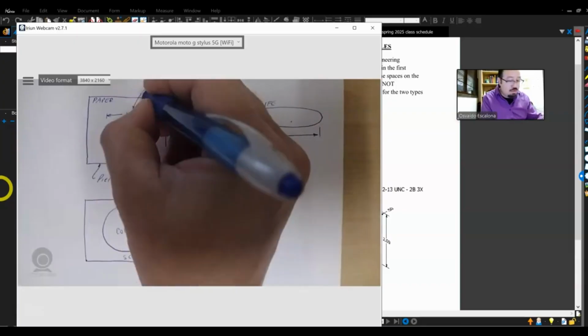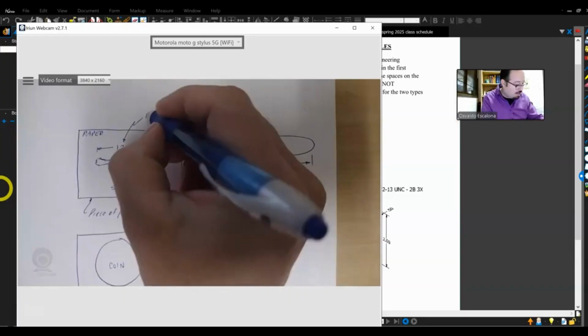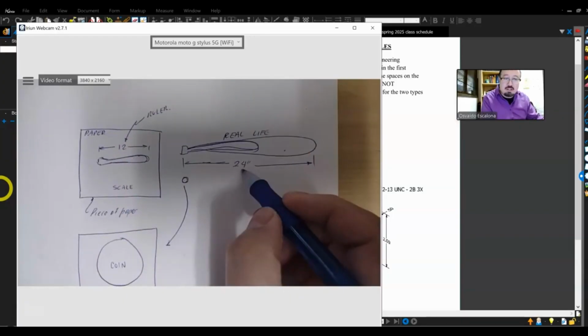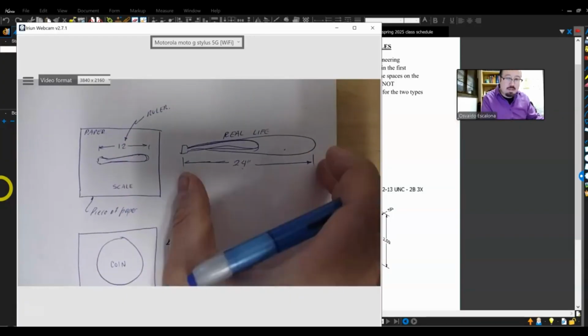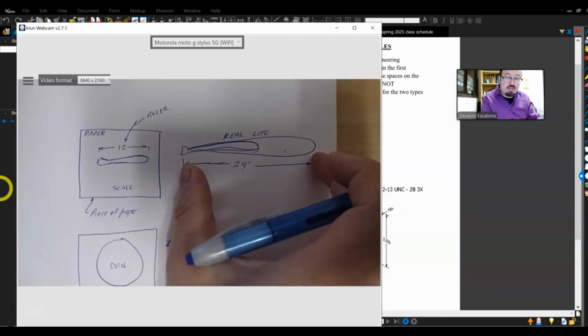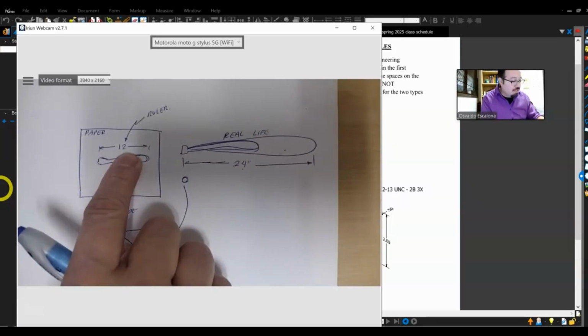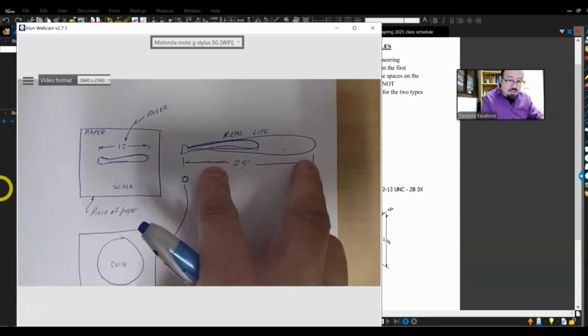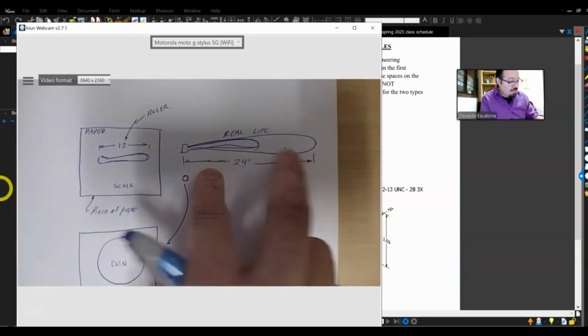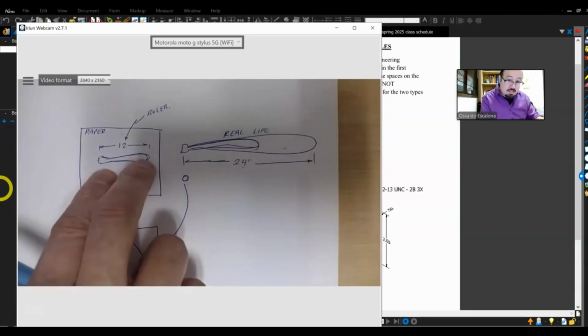This is what you would measure if you were to get a ruler, and this is what you would measure with a tape measure. This is the dimension in real life, and this is what you drew it at. So as you can see, I have reduced real life to half the size, okay?